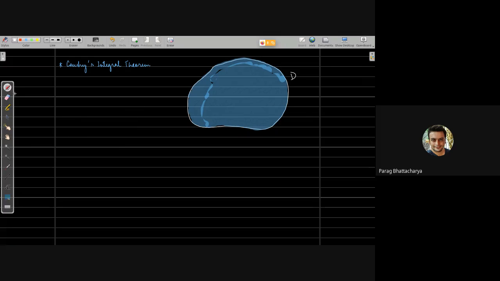The function is analytic everywhere. Now suppose I take a closed curve here, let's say this is the closed curve.